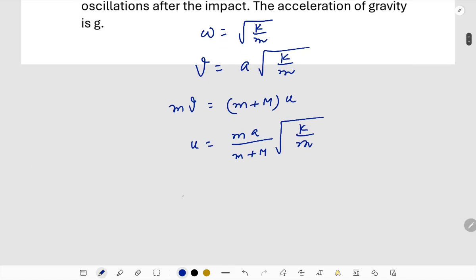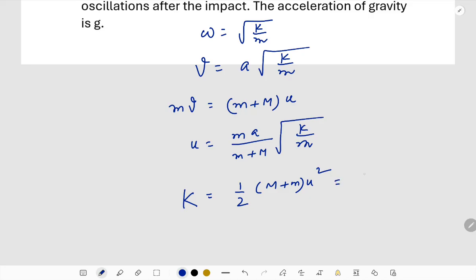I can make these assumptions. I'm free to take the datum anywhere I wish. So I would like to take it here at the equilibrium position where the collision took place, as the datum for gravitational potential energy. So the total kinetic energy here will be half mv square, and that is half (m plus m) u square.